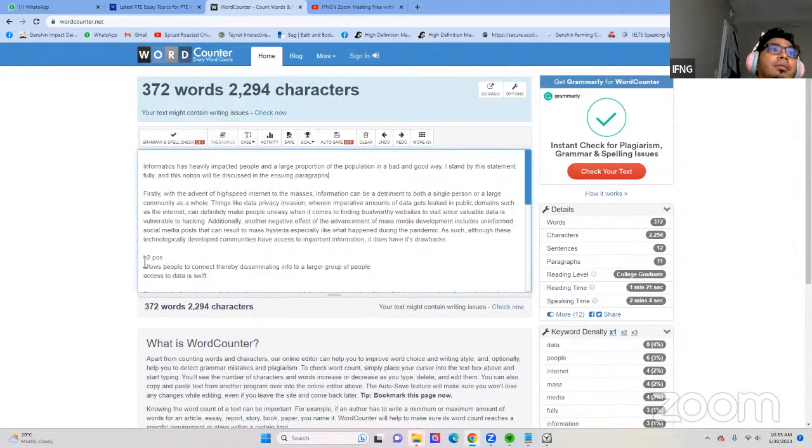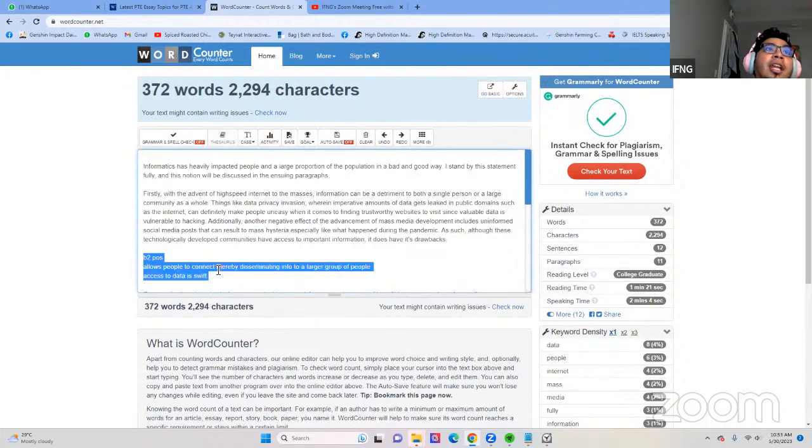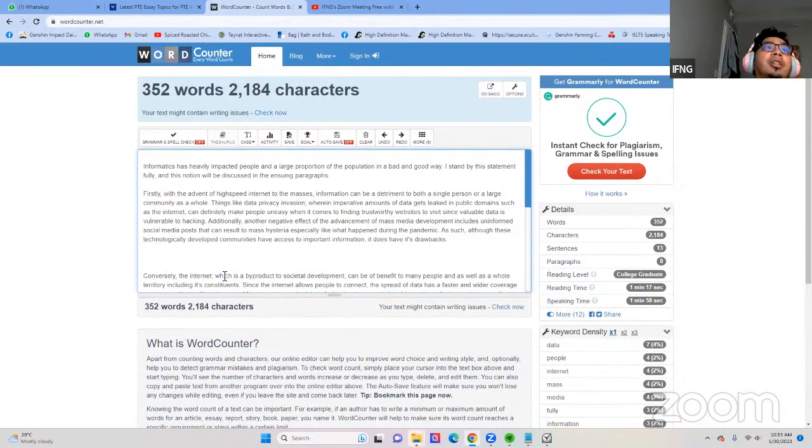Firstly, mahirap tong essay na to ngayon. Nahirapan ka, RG. Firstly, with the advent of high-speed internet to the masses, information can be a detriment to both a single person or a community as a whole.